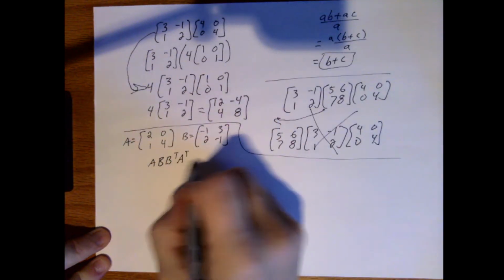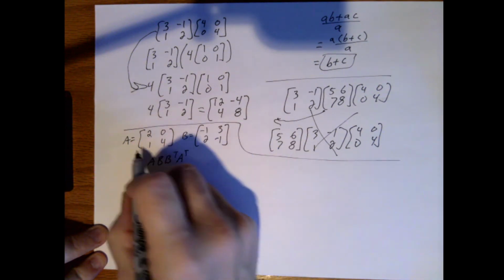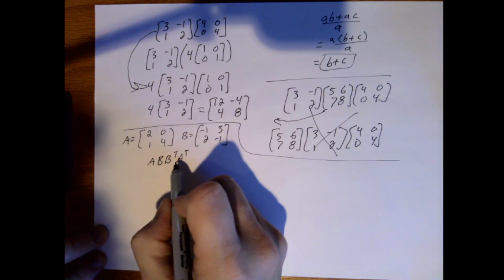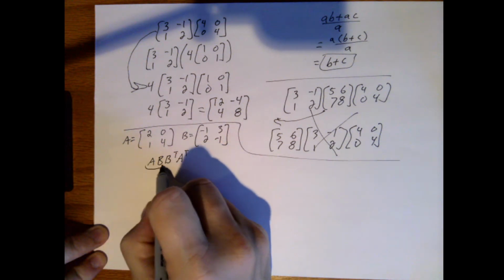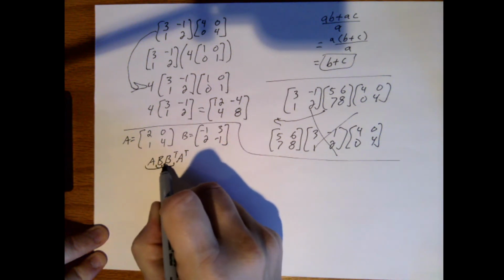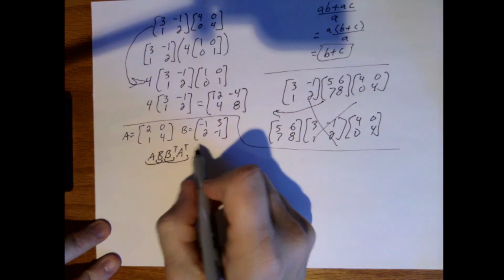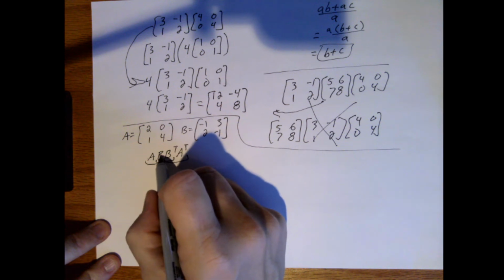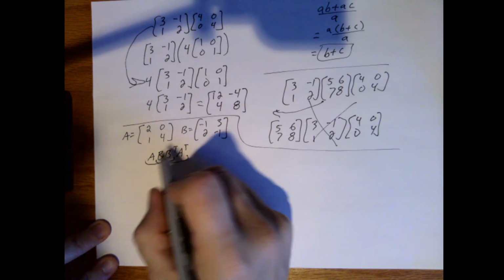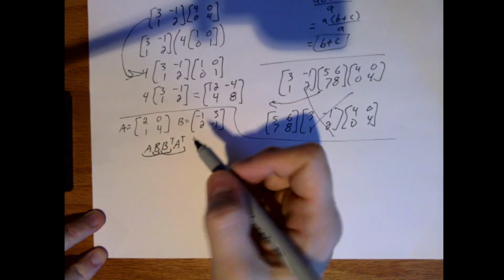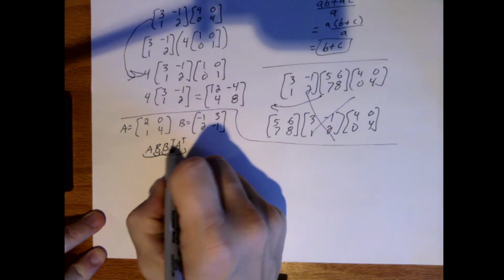Well, there's a couple things I need to remember. Matrix multiplication is associative, so at some point I'm going to have to multiply 2 matrices together, and whether I want it to be these two, or these two, or these two, I have that choice, right? And if I think that multiplying the 2 middle ones together would be easier than starting with A and B, well, then I can do that if I want to. But also I have these 2 transposes here.